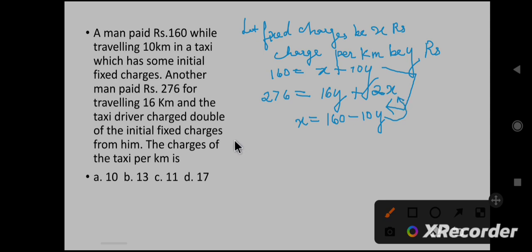So we will get 16y plus 2 into 160 minus 10y, which is equal to 276.